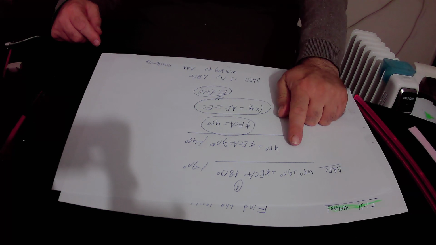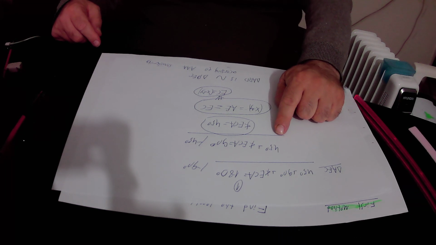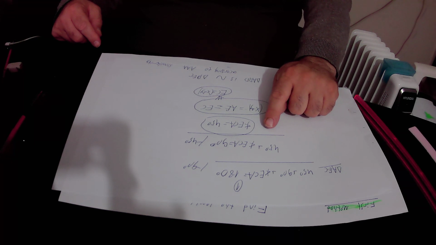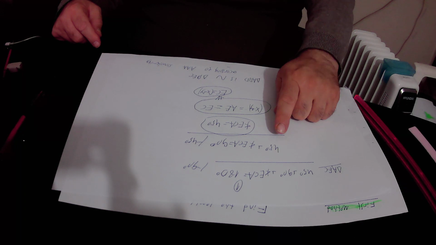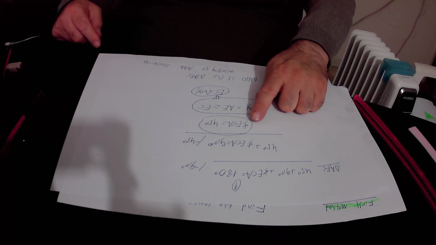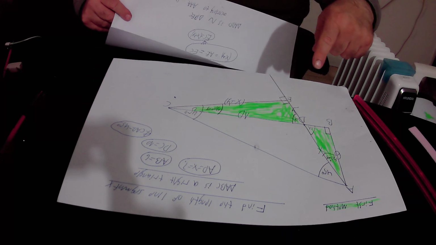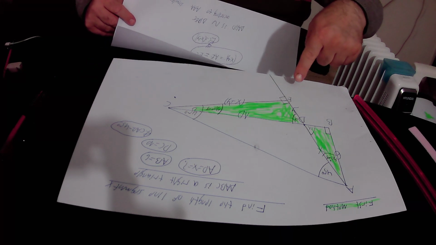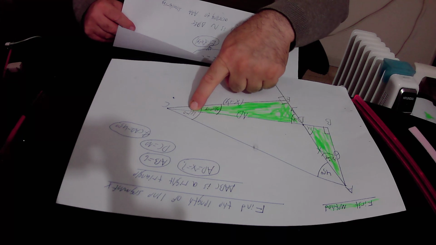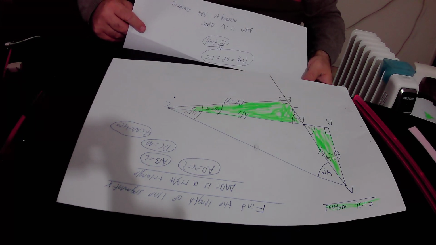We subtract 90 degrees from this equation, and then we subtract 45 degrees, and we find that angle ECA equals 45 degrees.